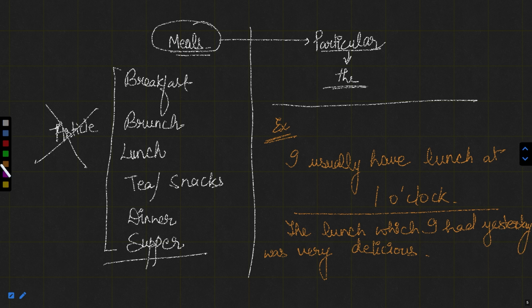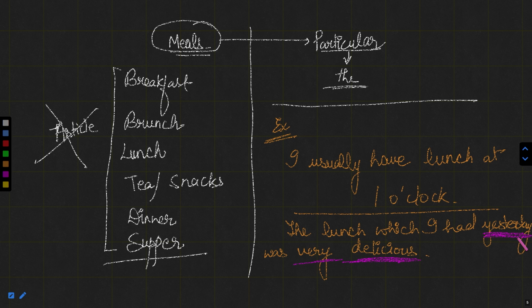I'm talking about the lunch of a particular day, the lunch which I had yesterday. I'm not talking about all lunch parties or all lunch meals that I have.